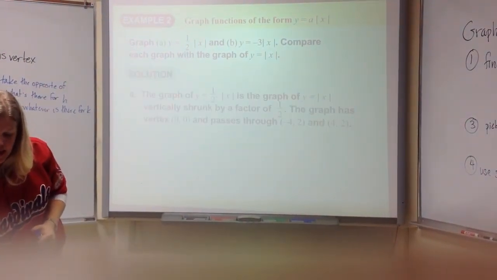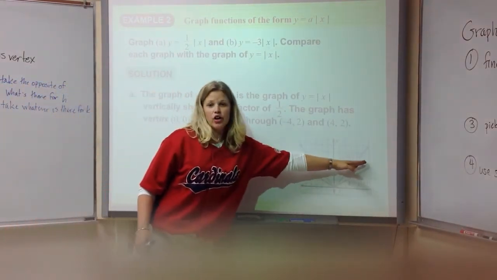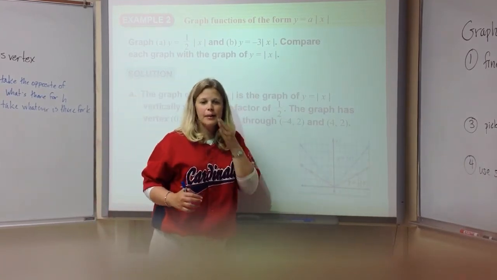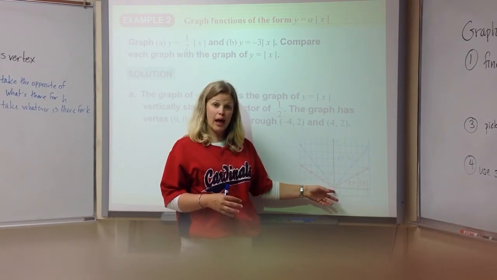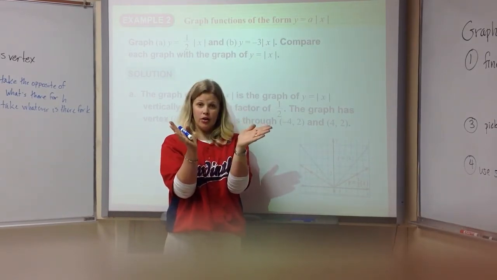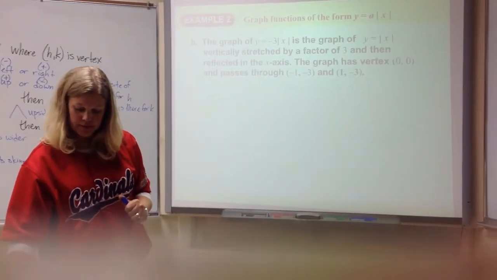So let's see what happens. Do you see how it gets fatter? Okay, your book gets really into having you graph exactly. I'm not going to get into that. I'm going to just ask you to describe what happens to the V. In this case, it got wider, or it got fatter. Okay?